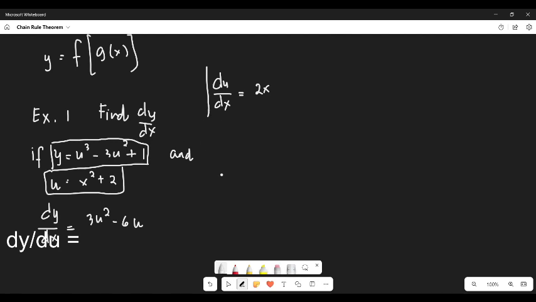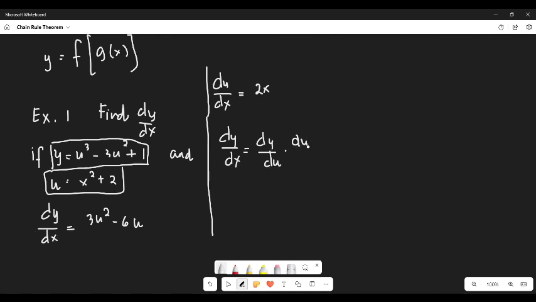Now rewriting the chain rule theorem, we have the derivative of y with respect to x equal to the derivative of y with respect to u multiplied by the derivative of u with respect to x.